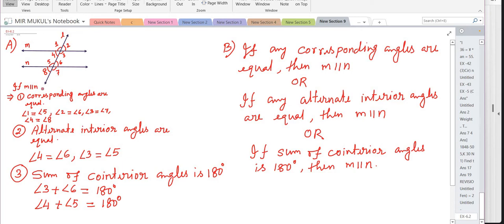If M parallel to N, then corresponding angles will be equal, alternate interior angles will be equal, and the sum of co-interior angles will be 180 degrees. And if it is not given that M is parallel to N, then if any corresponding angles are equal, we can prove two lines are parallel. Or if any alternate interior angles are equal, then also we can write M parallel to N. Or if the sum of co-interior angles is 180 degrees, then we can say two lines are parallel.